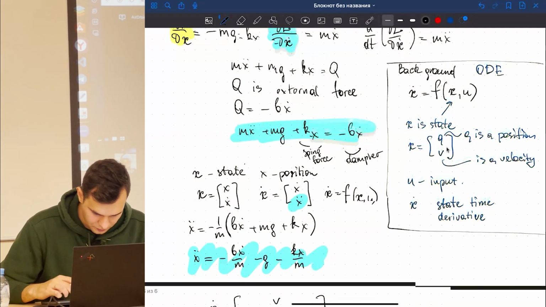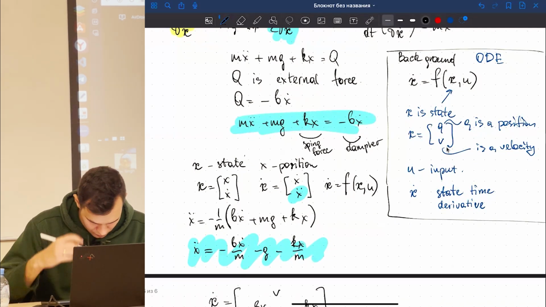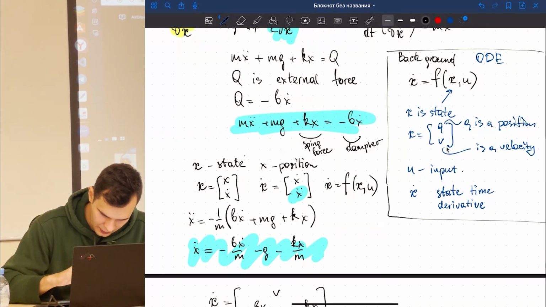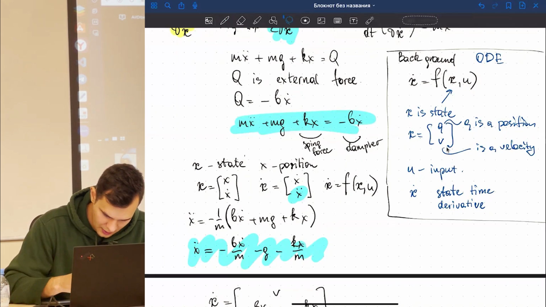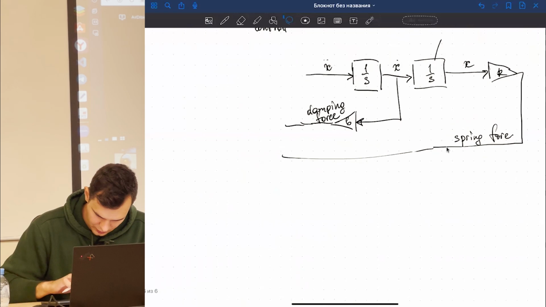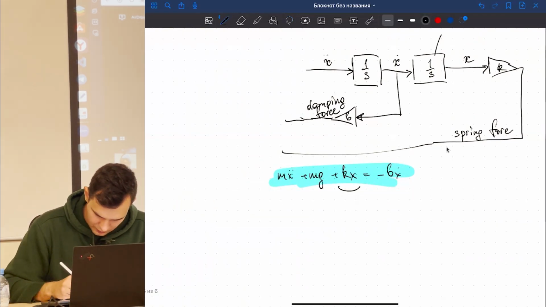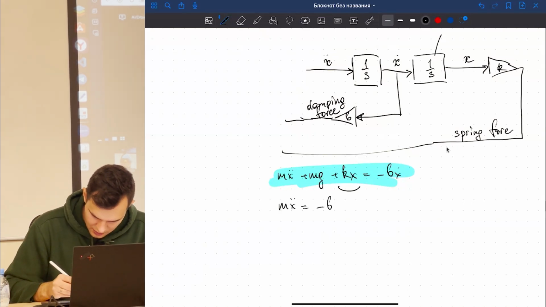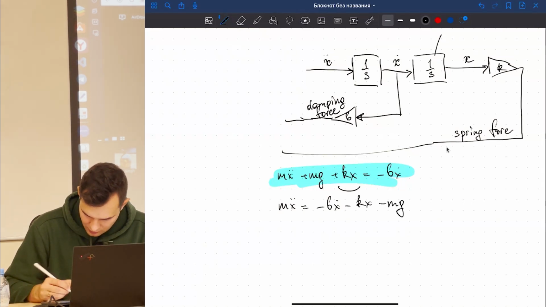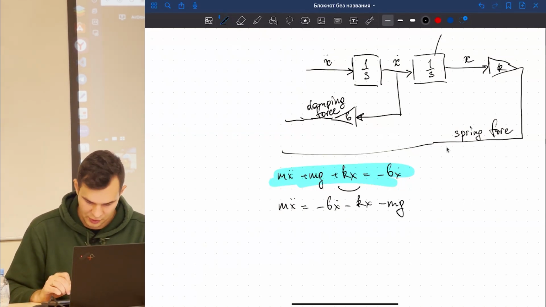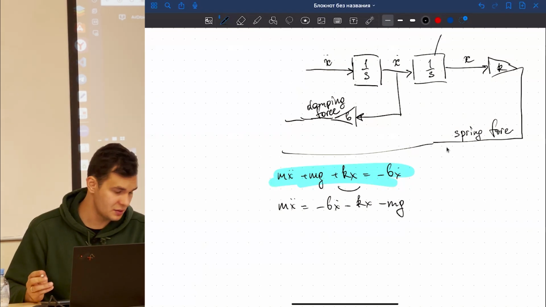And so what I would like to do, let me make it explicit. So I will copy this and put it here. So m x double dot equals minus b x dot minus k x minus m g. So what else should I write? Minus m g, which is just fixed.